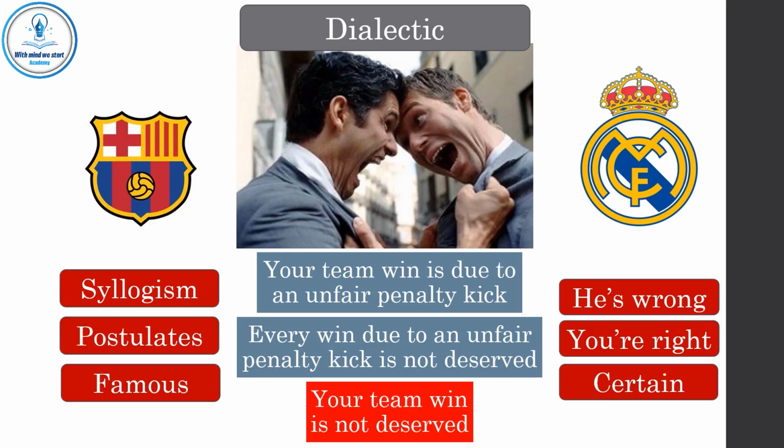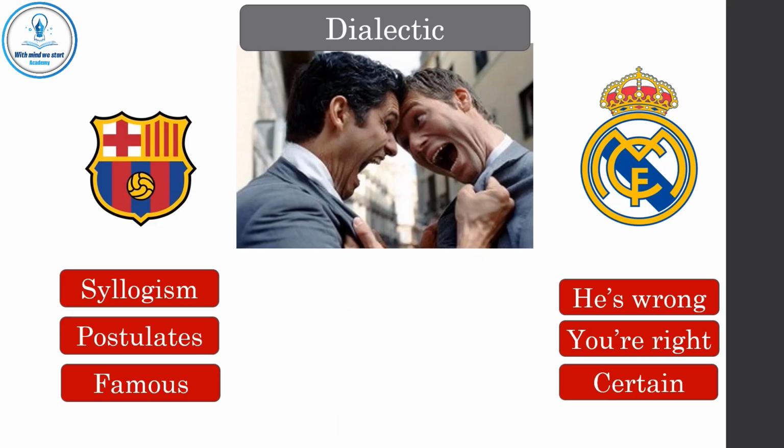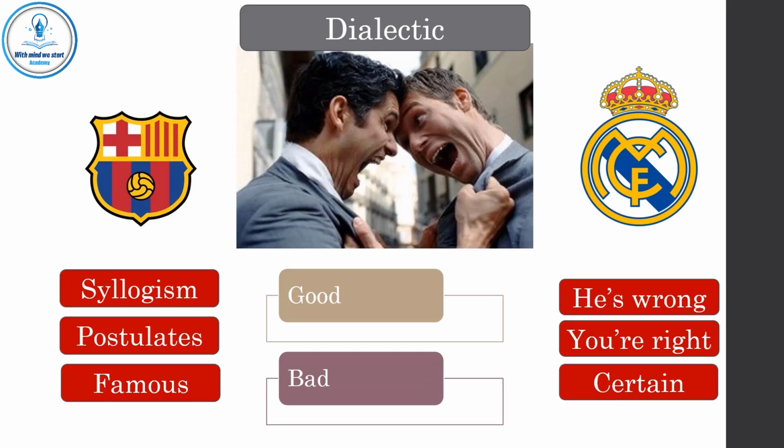This is the art of winning a debate. Dialectic may be good if it is used to make someone believe in truths while he is trying to deny them. It may be bad if the goal is not the truth. It is the winning itself for any other cause.